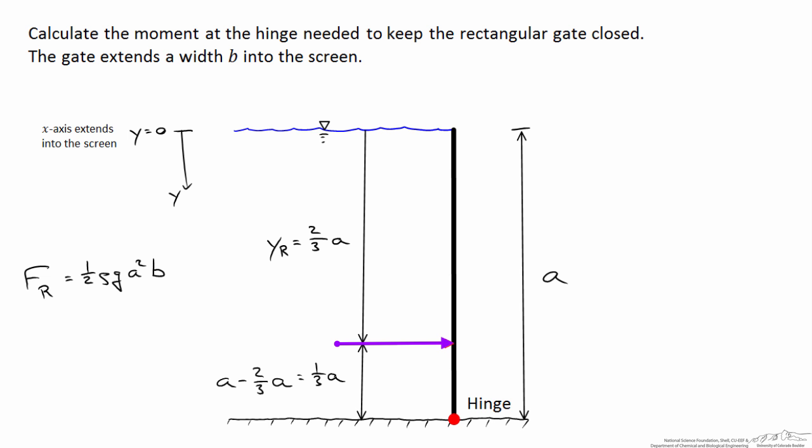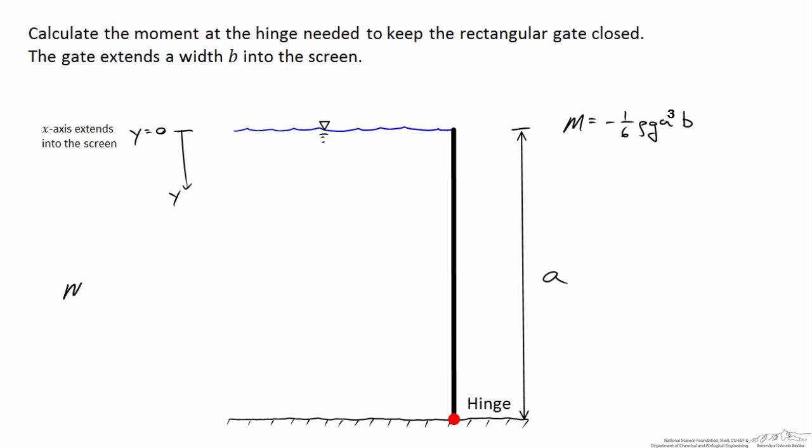And finally, to calculate the moment is simply the magnitude of the resultant force times this distance from the hinge, which is 1/3 a. And with the right-hand rule, a negative sign is used to indicate a clockwise moment of the fluid acting on the gate. So then substituting in for Fr, I get negative 1/6 rho g a cubed b.